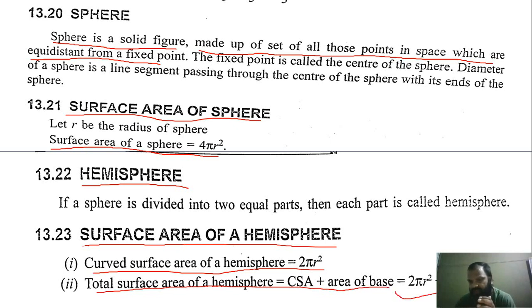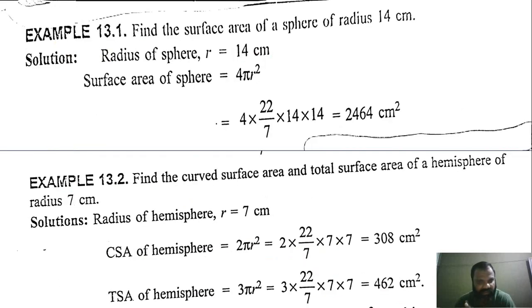The base of the hemisphere is circular, so the area of the base is the area of a circle, pi r square. So the total surface area of a hemisphere is 3 pi r square. Now, we read some examples to clear up the surface area, curved surface area and total surface area of sphere and hemisphere.